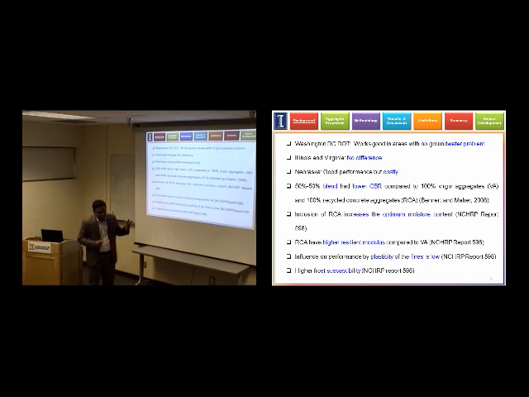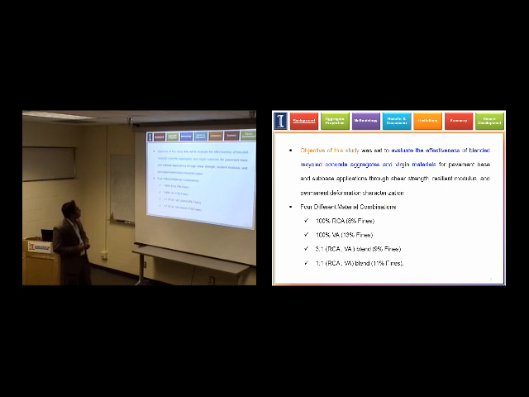On the other hand, RCA is proven to be promising in terms of mechanical performance, but there is a possibility of higher frost susceptibility in the case of recycled concrete aggregates.